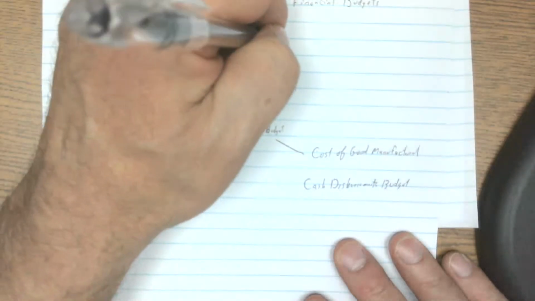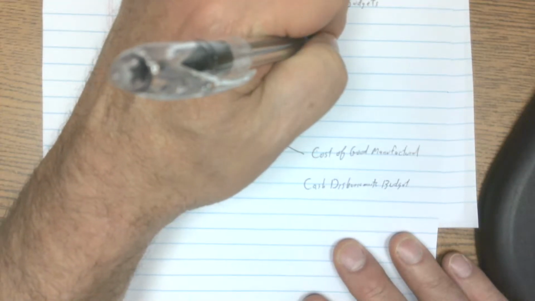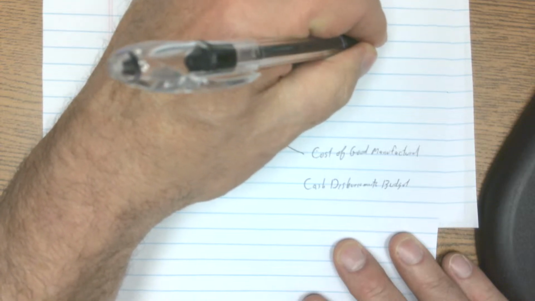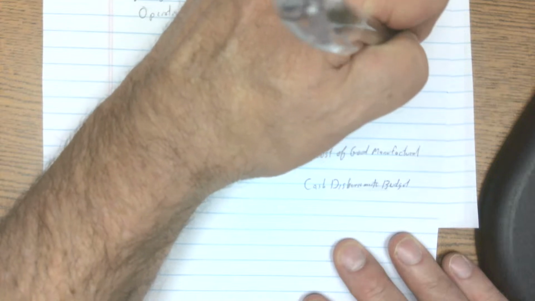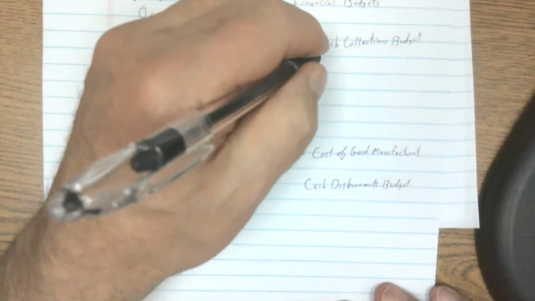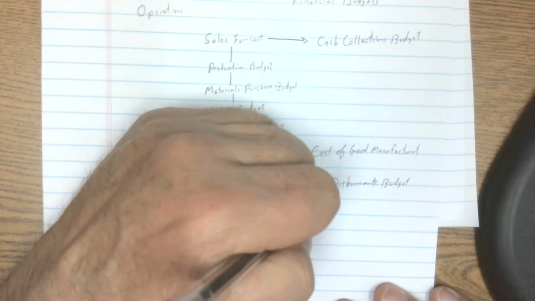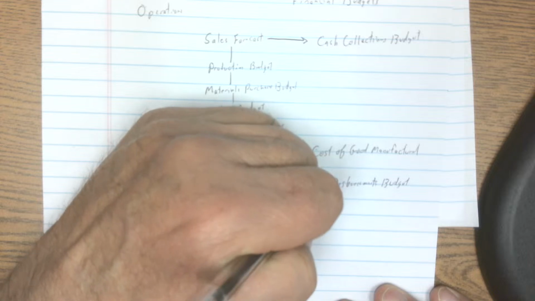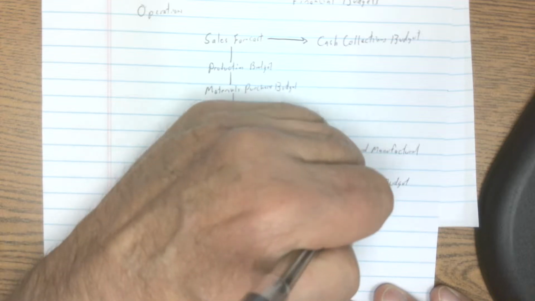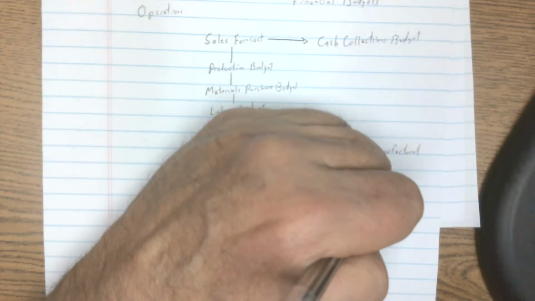From the sales forecast, in addition to the production budget, we will also produce a cash collections budget. These two, the cash collections budget and the cash disbursements budget, give us basically a budgeted cash flow statement. Lots of times we just use a budgeted bank balance statement, cash flow, bank balance.